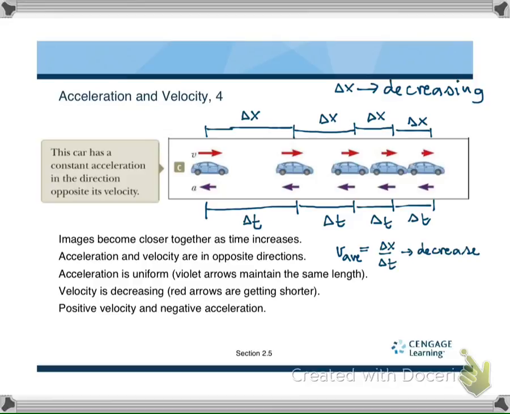Okay, and this is because the acceleration and the velocity are in the opposite direction. In this case we have the positive velocity and negative acceleration, so the velocity will decrease, and we have this kind of motion diagram.